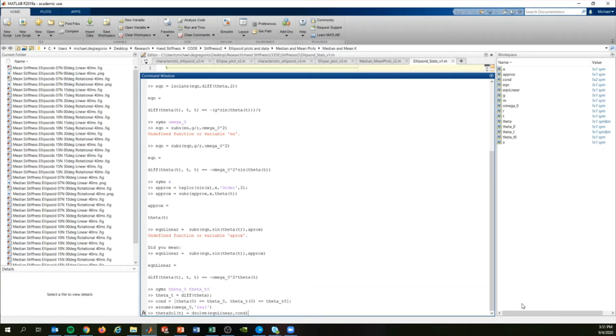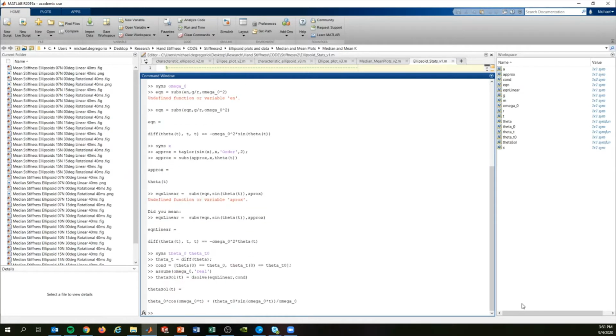So when theta solution of t comes out, we get theta cosine of omega t plus theta of t naught times sine of omega t, the whole thing divided by omega naught. Okay.